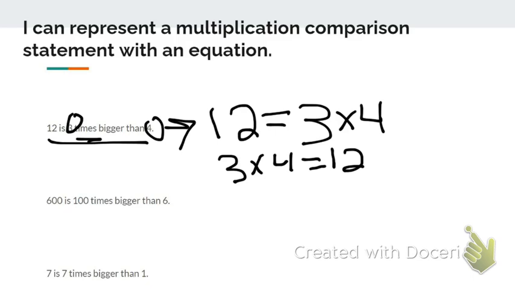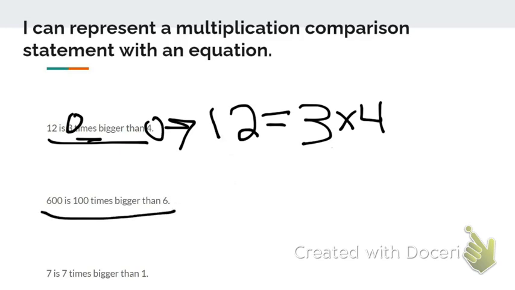Both would be okay. So now I'm going to move on to this one down here, and I want you guys to pause the video and see if you can figure out how to represent this comparison statement. If you're not there yet, do it with me, okay? So 600 is the biggest number, right? So it's going to equal 600.